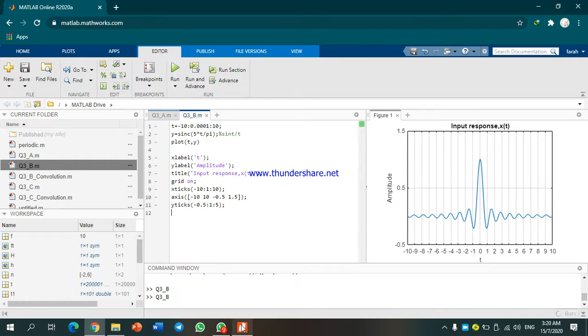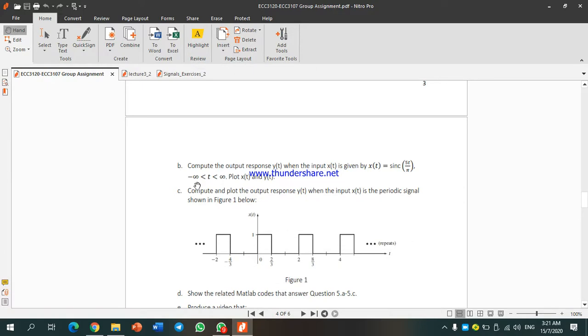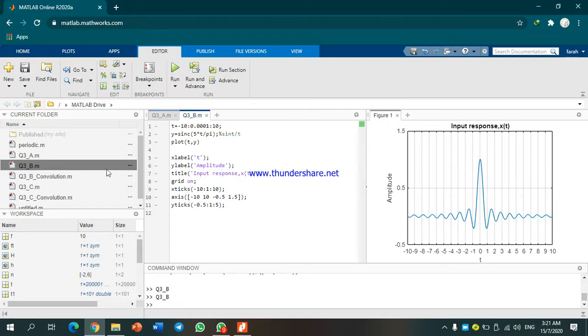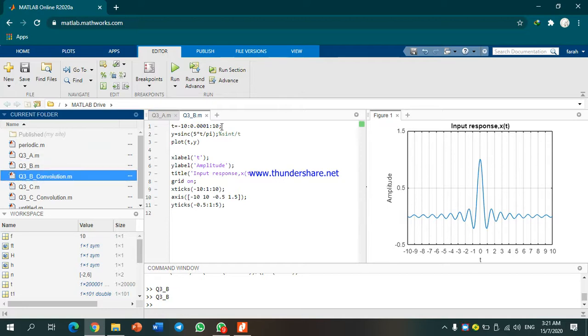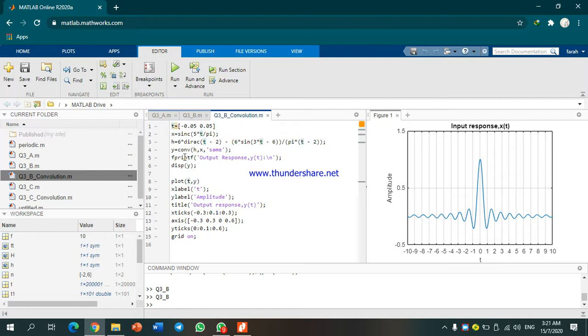Next, I will show y(t). How we got y(t) is from the convolution. Convolution is, wait a minute.